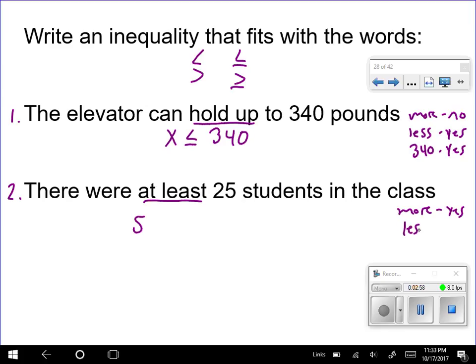Could there be less? Well, at least 25, so there couldn't be less. Could there be 25? Well, at least 25 means yeah, there could be 25. So now we have it. More represents greater than, and since it can be 25, we could say or equal to 25.